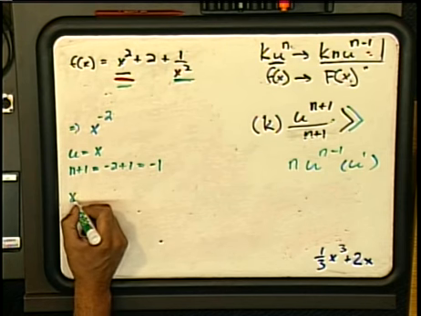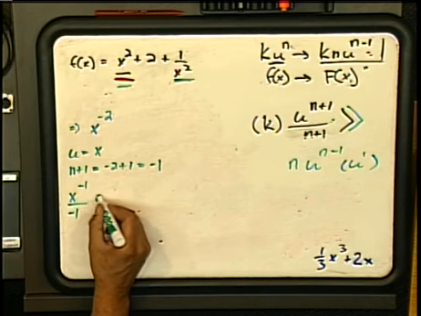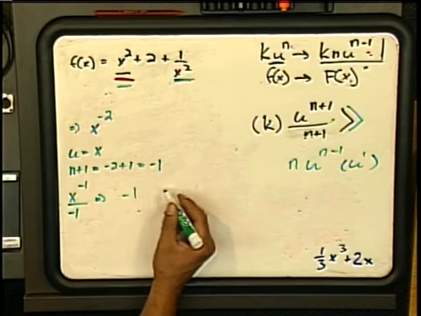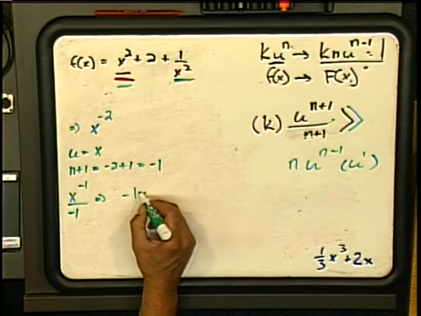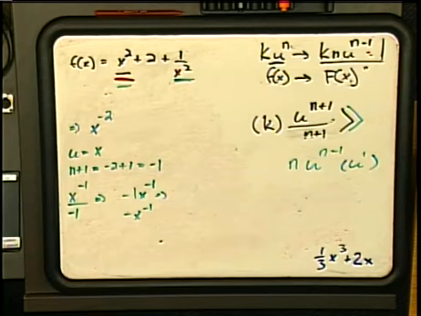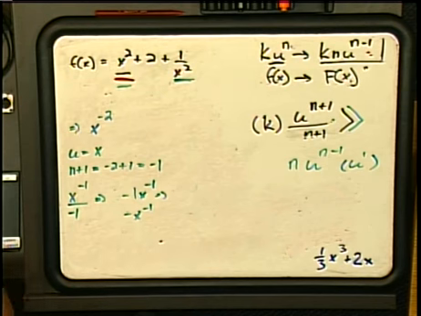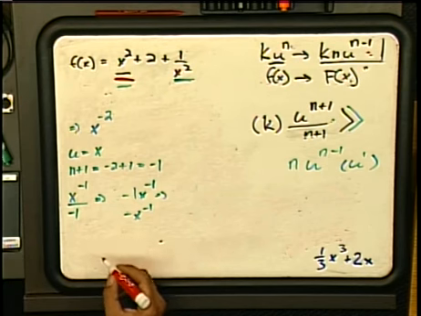So u to the n plus 1 over n plus 1 equals negative 1, x to the negative 1, or negative x to the negative 1. And to check it, we will... I'm really confused. Okay.